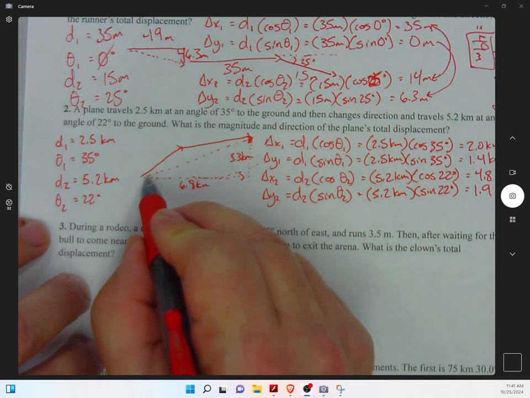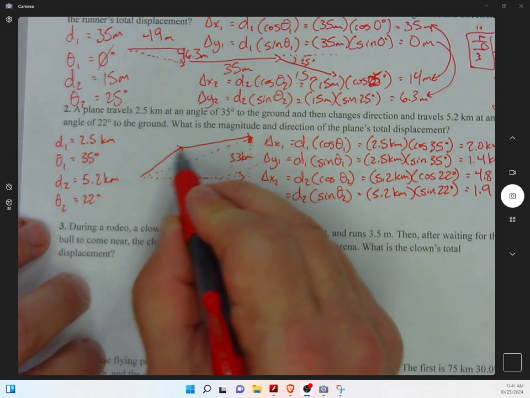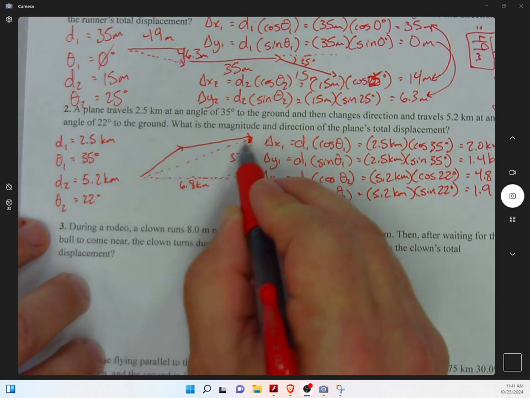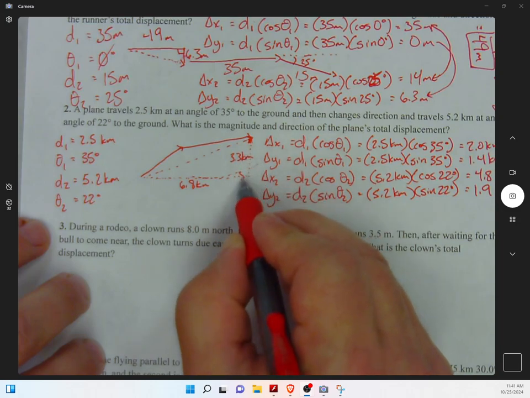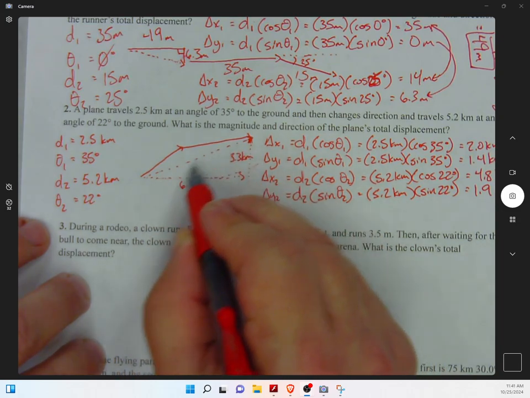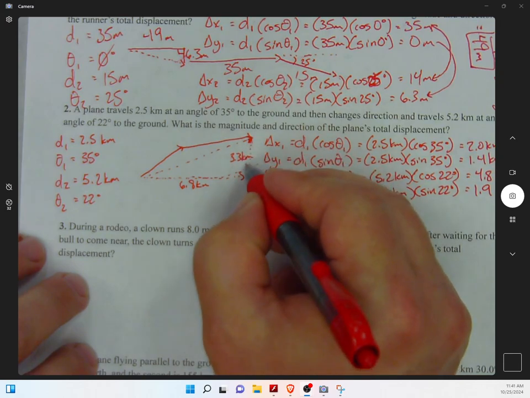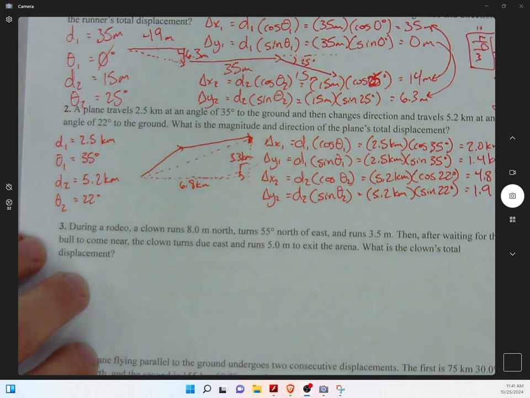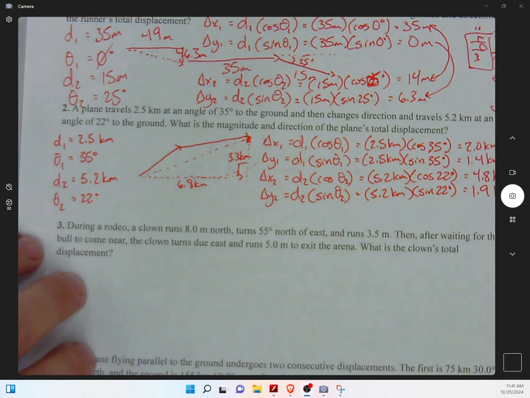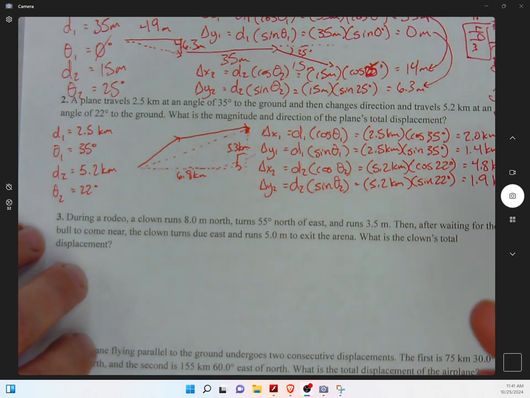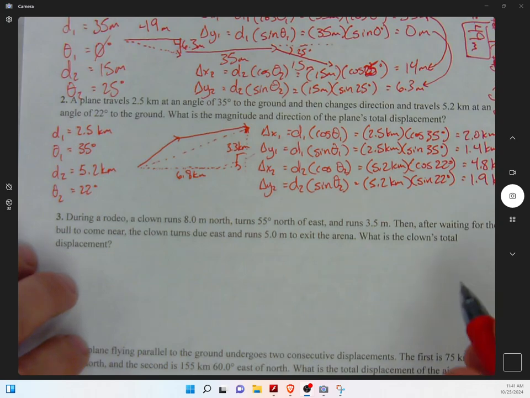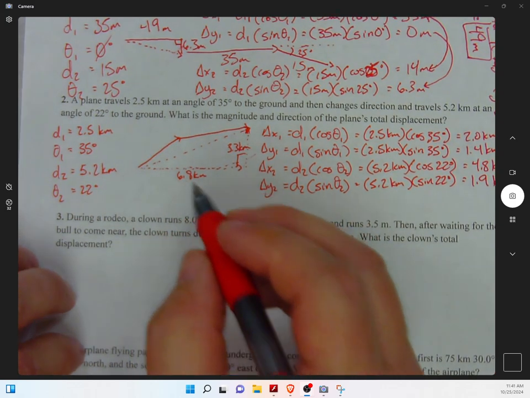Now notice that my resultant displacement from these first two movements is the same as the resultant of these two sides, the hypotenuse of these two sides. This is what we've been able to do. We've constructed a right triangle, so we can use our sine, cosine, and Pythagorean theorem skills. And so we'll simply do that.